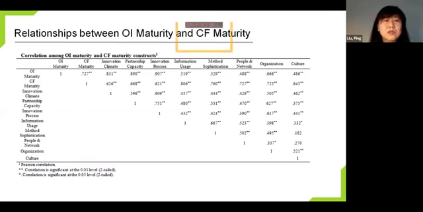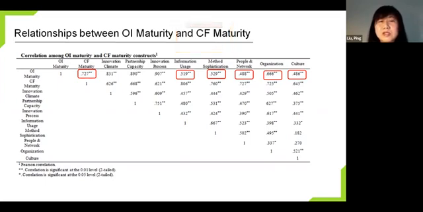The result shows there is a positive and significant relationship between overall open innovation maturity and corporate foresight maturity, as well as between overall open innovation maturity and all 5 dimensions of corporate foresight maturity. And among them, the organization has the highest result.